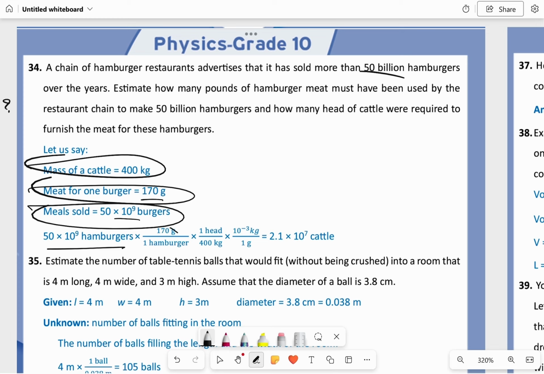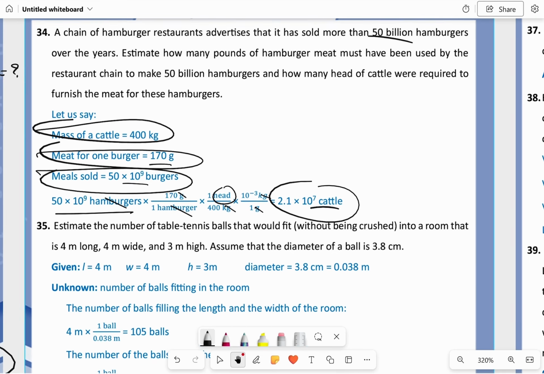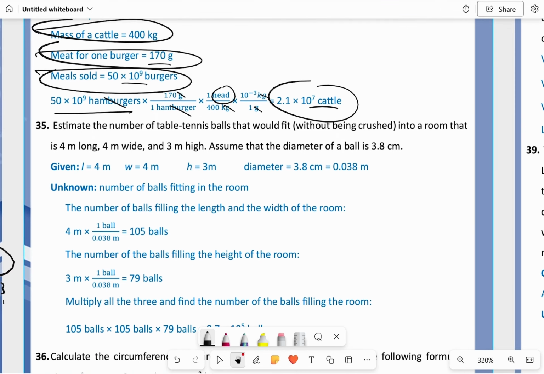Gram goes with gram, kilogram goes with kilogram, and hamburgers go with hamburger. You only have head, which means the cattle, okay? So you have 2.1 times 10 to the power of 7 cattle. This is the number of cattle that will be used in this restaurant over the years.